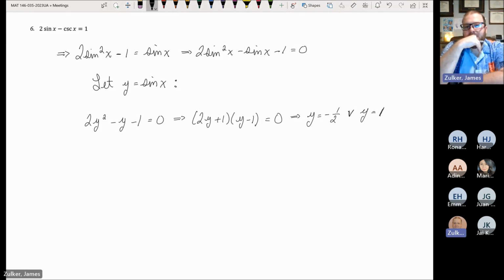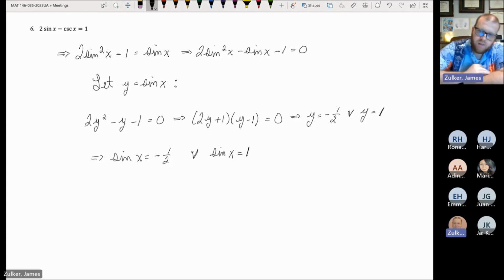This gives us y is negative a half or y is 1. Which means sine x is negative a half or sine x is 1.